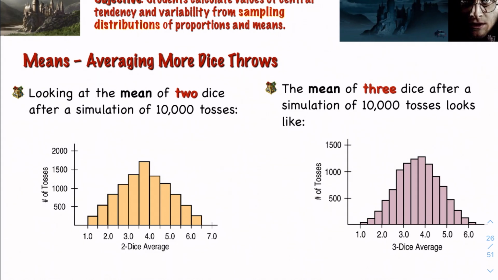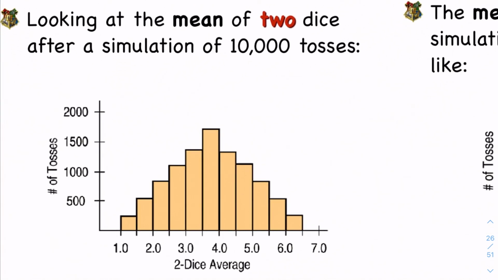So to just look at this distribution, look at the mean of just rolling 2 dice after 10,000 simulations, you see that we get this unimodal symmetric distribution of the sample means. Note, this was not that constant function that we saw with our rolls. We're looking at the averages.